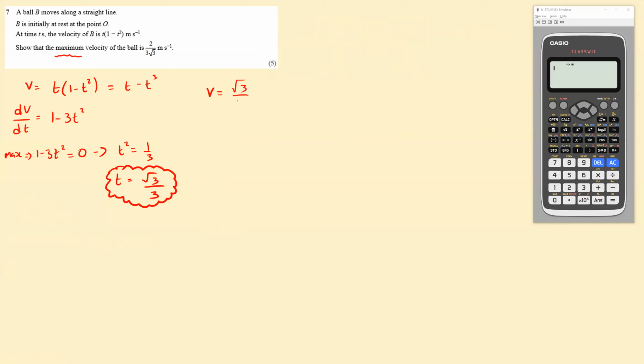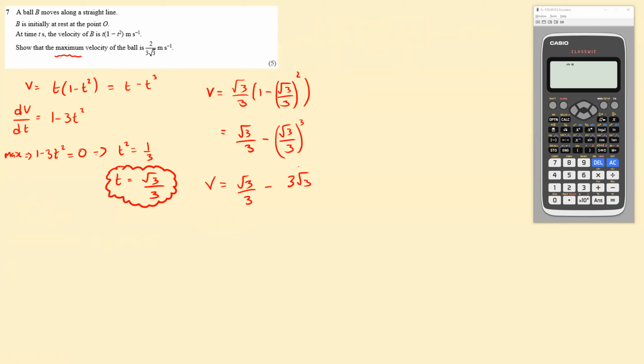So root 3 over 3 times 1 minus root 3 over 3 squared. We want to work that through. I think I'd have preferred to use this formula here, so I'm going to go straight into there. In order to do this, I would keep this one the same, minus, doing this one, it's going to be 3 root 3.